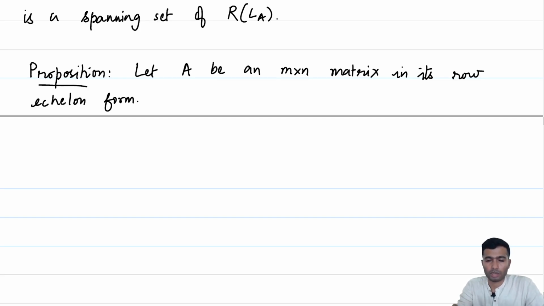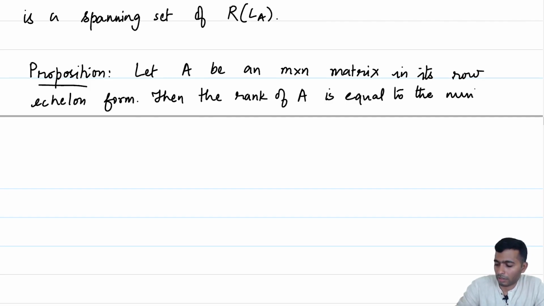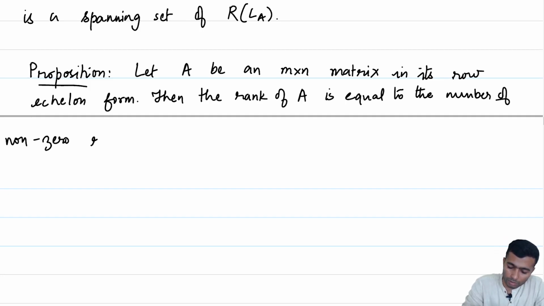Either the row is the 0 vector, that is every entry of the row is 0, or the first non-zero entry of a row is 1 and all entries below in that column are 0. So, you take any matrix in the row echelon form, then the rank of A is equal to the number of non-zero rows of A.